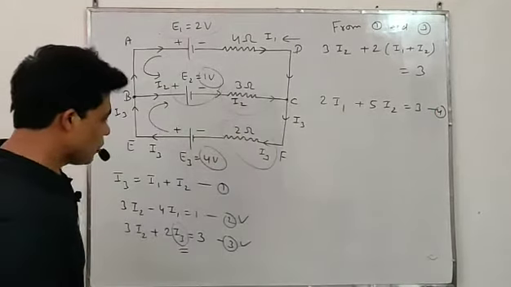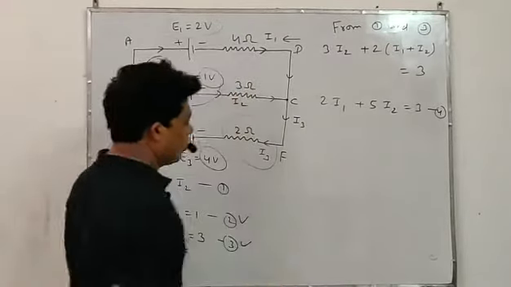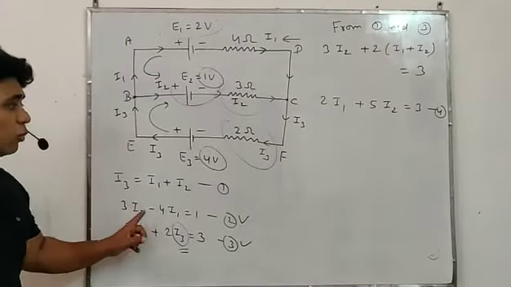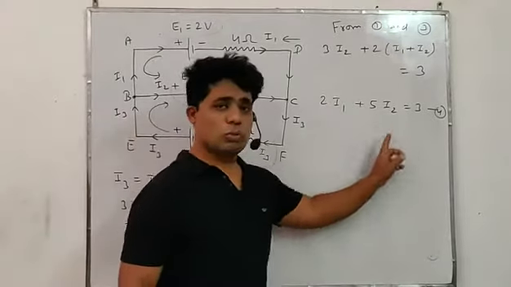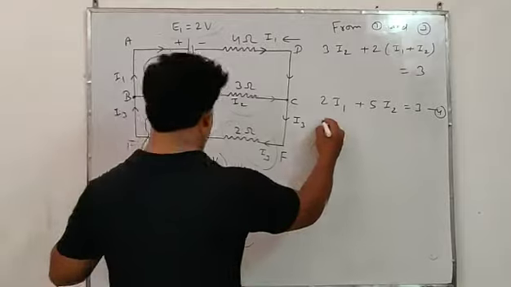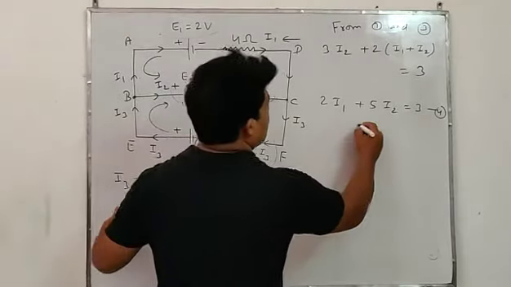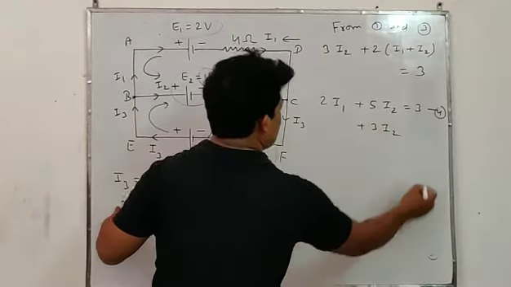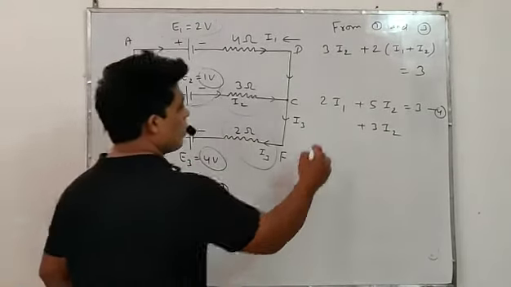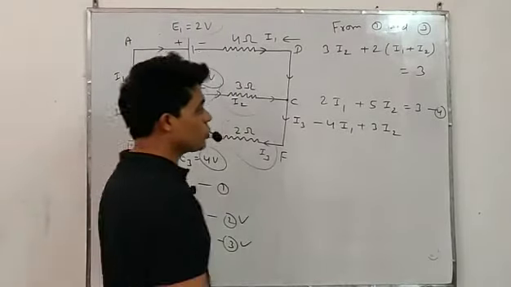So now students, we will solve equation second and 4, because second is in terms of 1 and 2, and 4 is also in terms of 1 and 2. Now I'm going to write equation 2 here: 3I2 minus 4I1 equals 1.